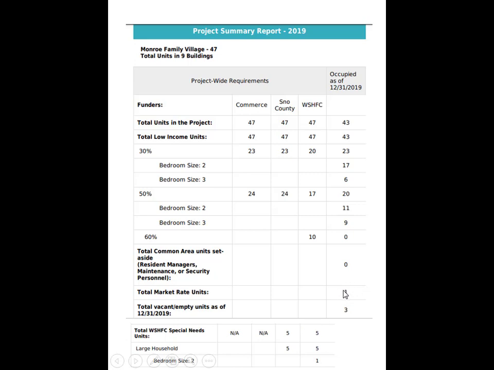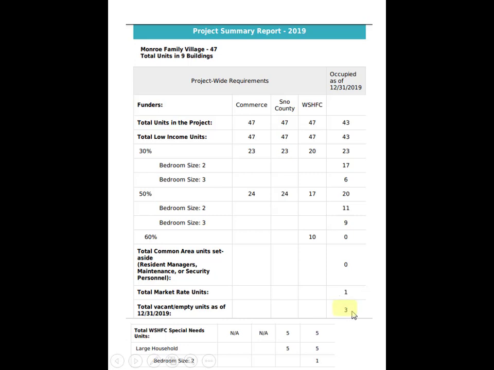However, seeing this one here tells me there's probably something going on with this report because there's 47 units at the property and they're all required to be at 30 and 50. Therefore, there aren't really any allowable units left for market rate units. So that's something we'll want to look at when we review our Table 1.